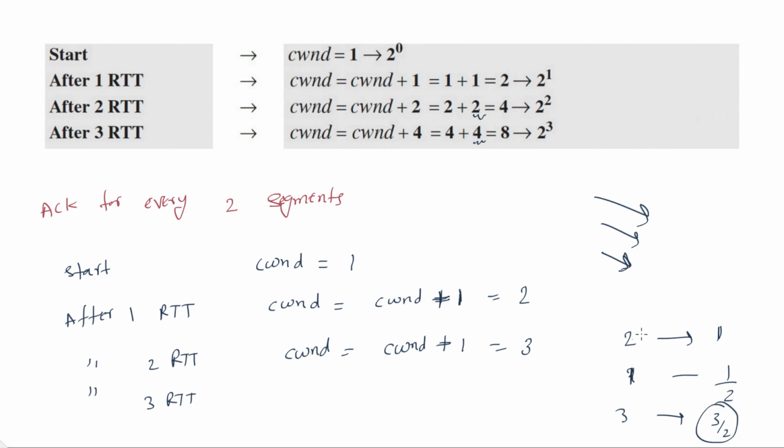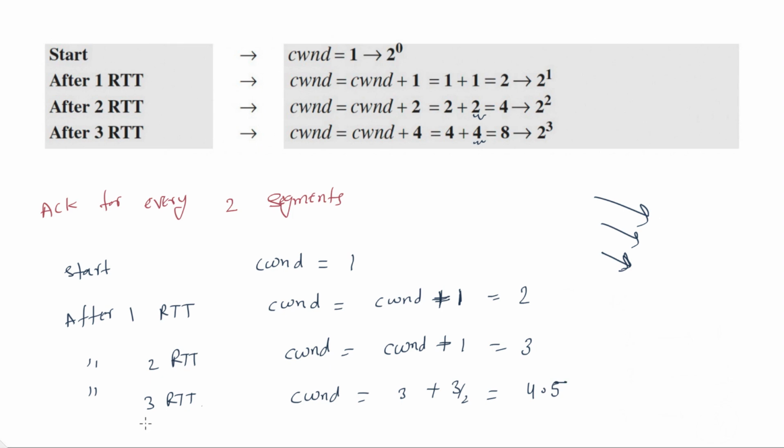So the earlier congestion window is 3, and I will be receiving 3 by 2 ACKs. I mean, it won't really be 3 by 2, because ACKs can't be fractions; either there will be an ACK or there won't be. But I'm just taking an approximation, because I do not want to do this question very mathematically rigorously.